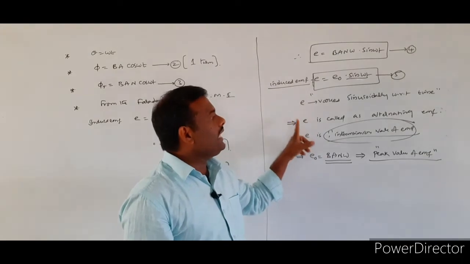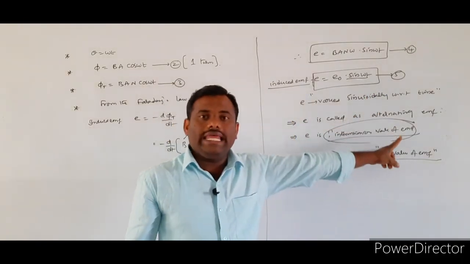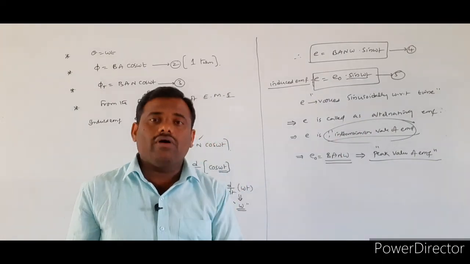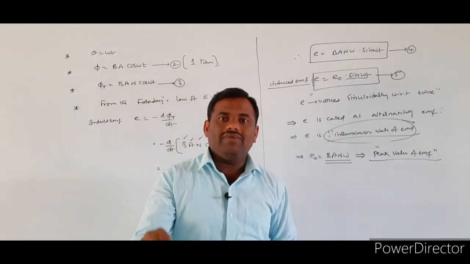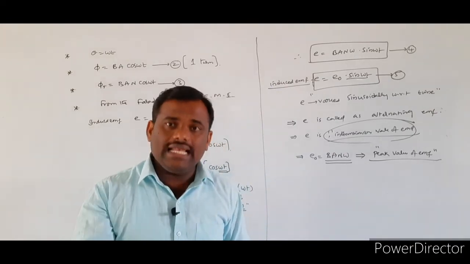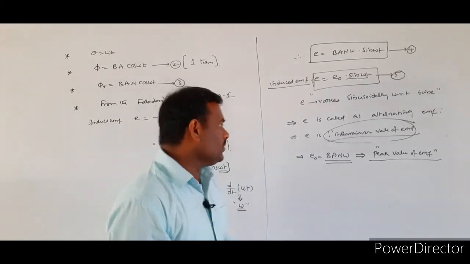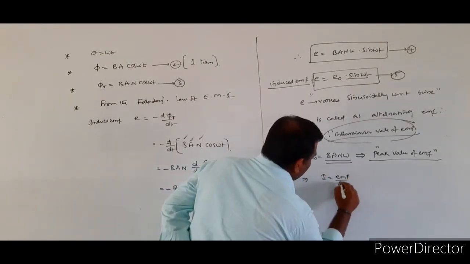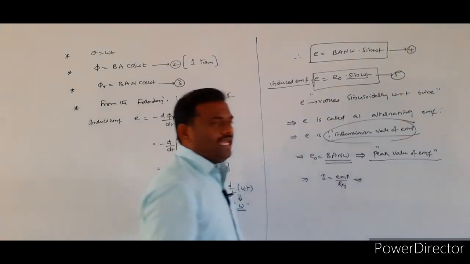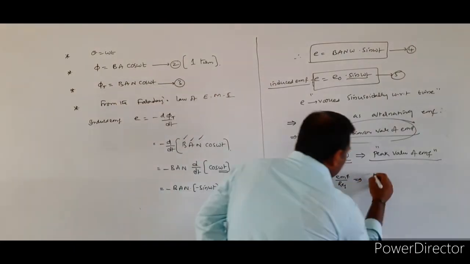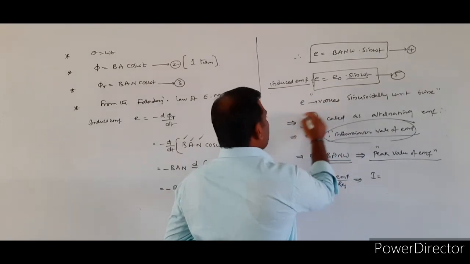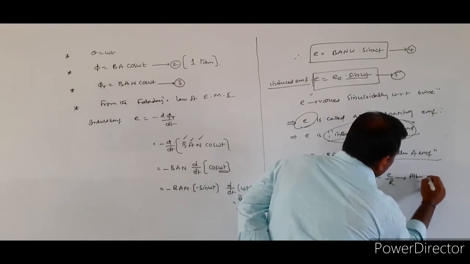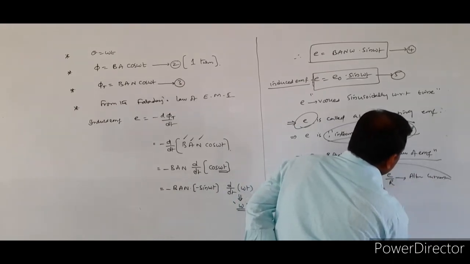Such a voltage we call alternating EMF. Once this alternating EMF is present, the coil itself will have some resistance. As a result, some current is produced. So how can we calculate the current value? Current is equal to EMF by resistance. So here current I is equal to E by R. Such a current we call alternating current.